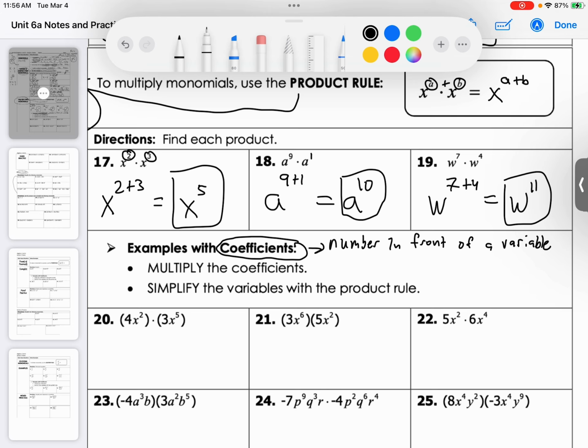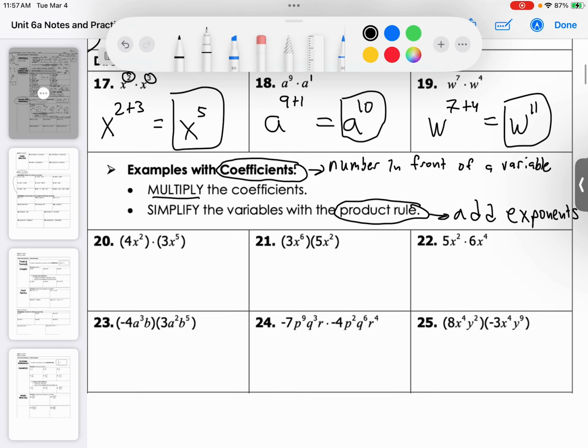So when we have problems that include coefficients, the first thing we're going to do is multiply those coefficients, multiply those numbers in front, and then we'll simplify the variables with the product rule. And that product rule is the one we just looked at, where we're going to add the exponents. So let's look at some examples of what that looks like with these problems.